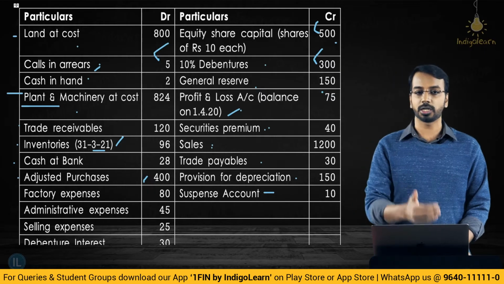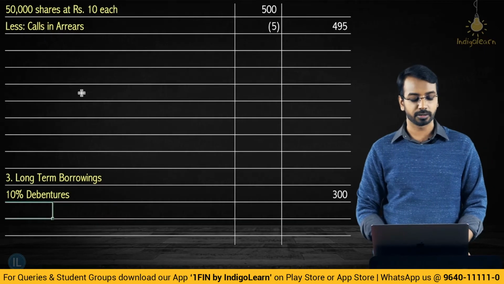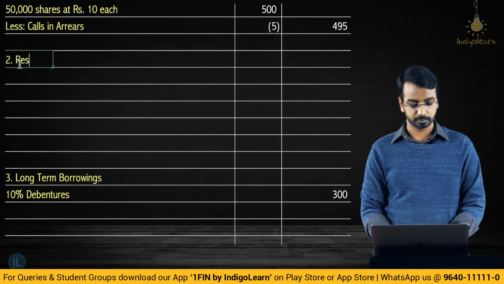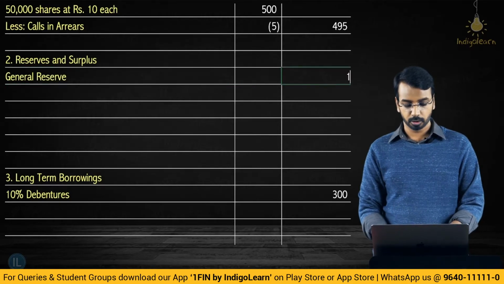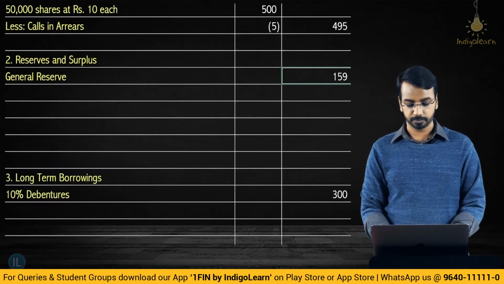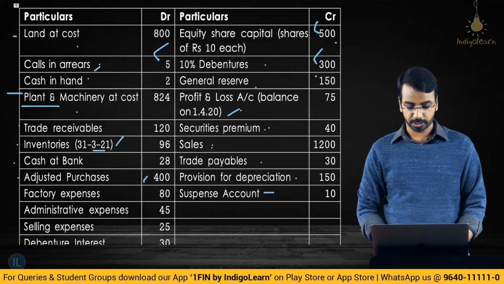General reserve, we'll just plot the balances, and then we will take it from the notes to account. So for general reserve, prepare this reserves and surplus. So you have general reserve 150. Okay, then so this we can just put a tick.